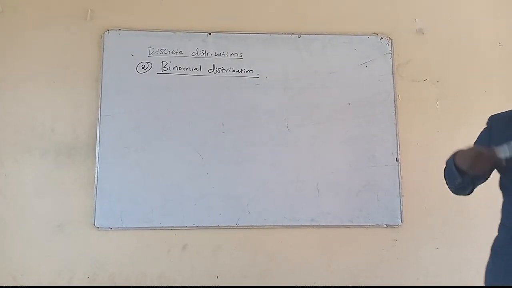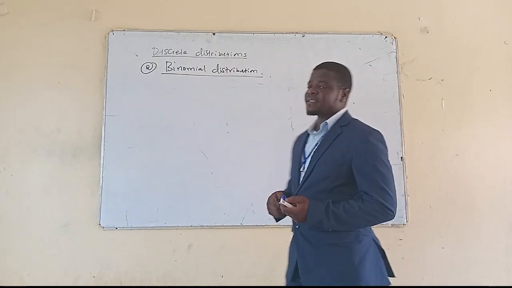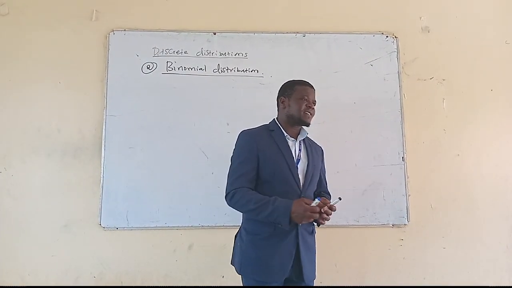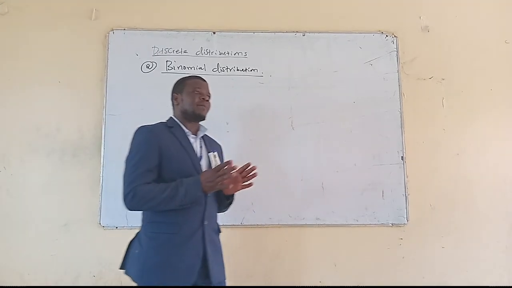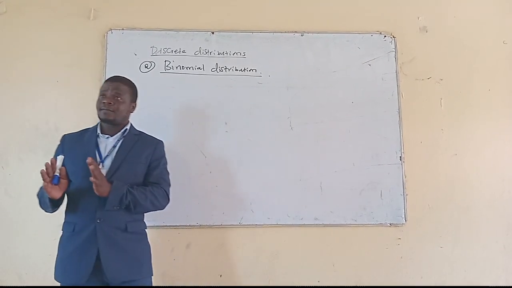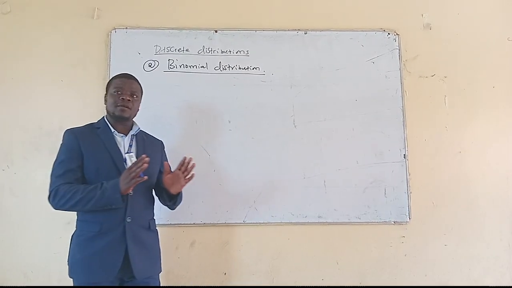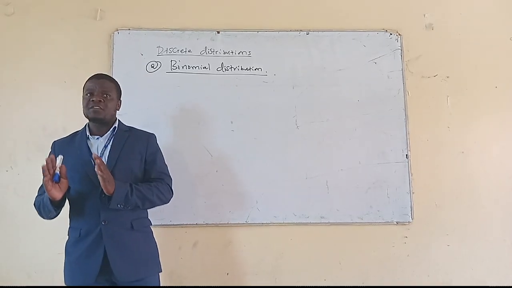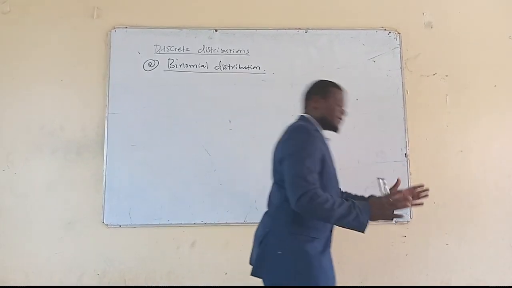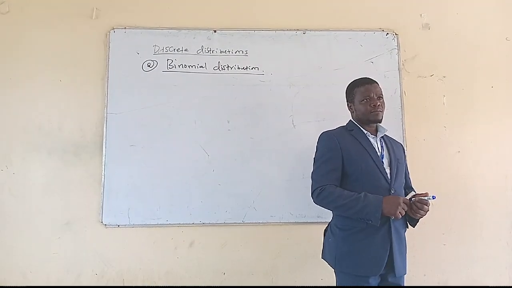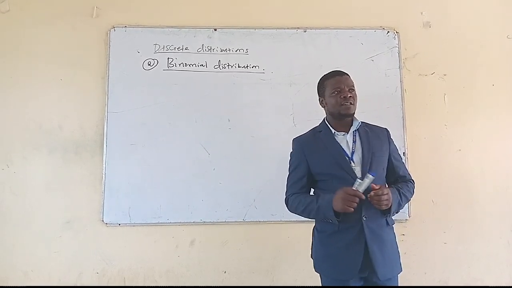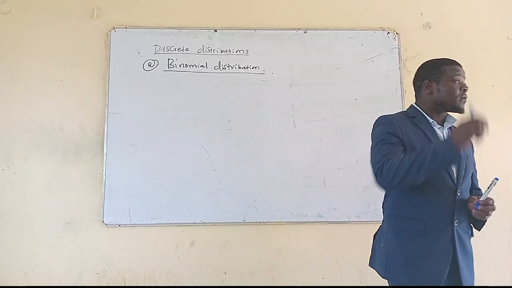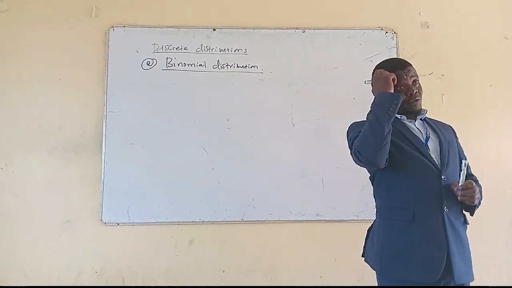You try several times; sometimes you get success, other times you get failure, but now you are interested in the number of successes after n independent trials. This kind of event follows what is called a binomial distribution.